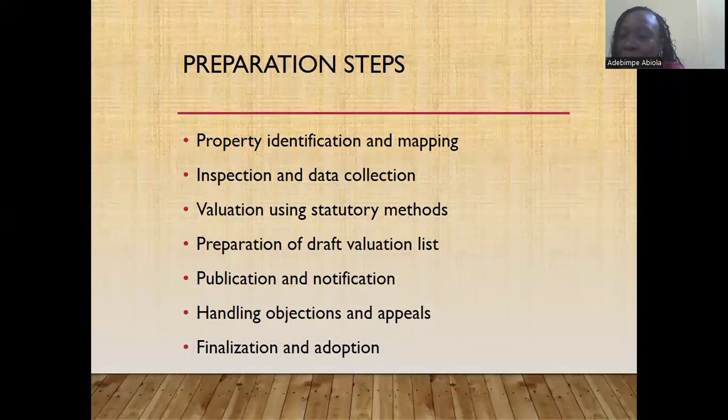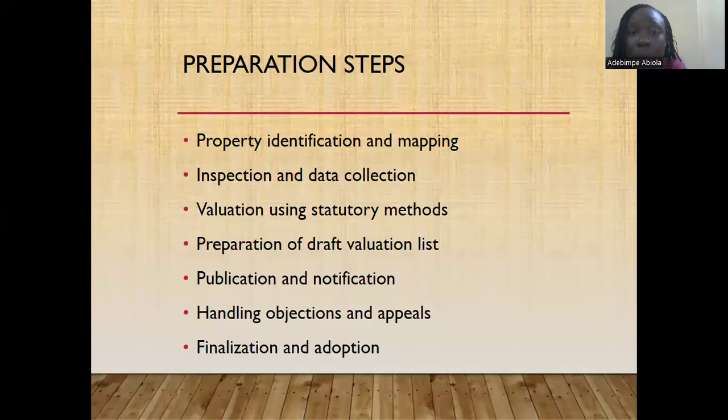You prepare a demand notice to whoever you want to serve it to, either the owner or the occupier. And after serving it, some people might not be pleased or okay with it. What do you need to do? I said it last week that there is room for objection and appeal, and there are also bodies that regulate that.